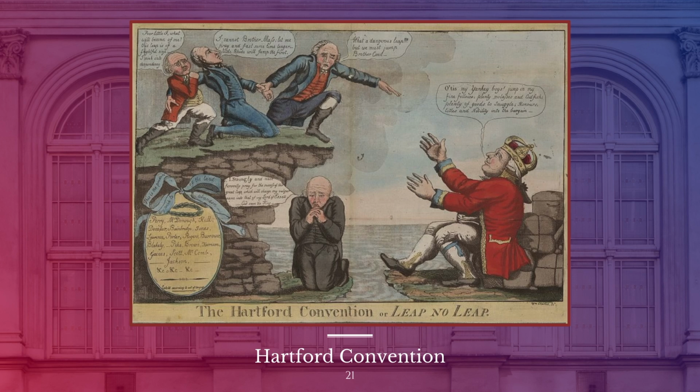This is the King of England at the time. So they are basically falling into British hands, kind of supporting British policies, and they're still pro-British and not really embracing this war. And this piece of propaganda kind of shows that.